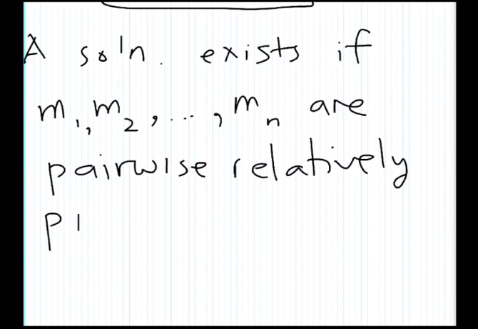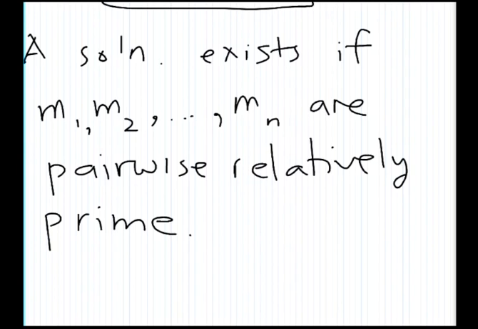What does pairwise relatively prime mean? In this group of n numbers, if I choose any pair, the GCD of those two numbers will be 1. For example, if I choose m2 and m7, the GCD should be 1. If I choose m21 and m1, the GCD should be 1, and so on.